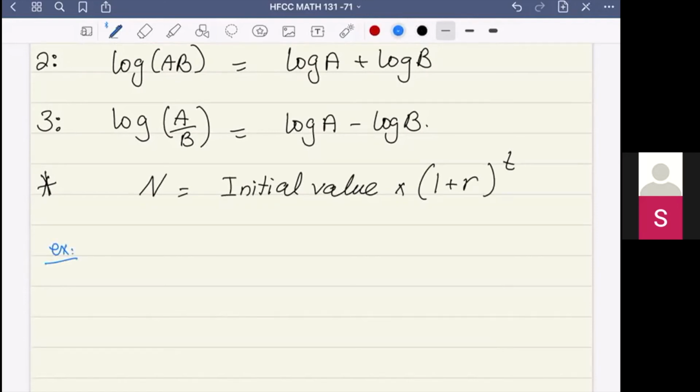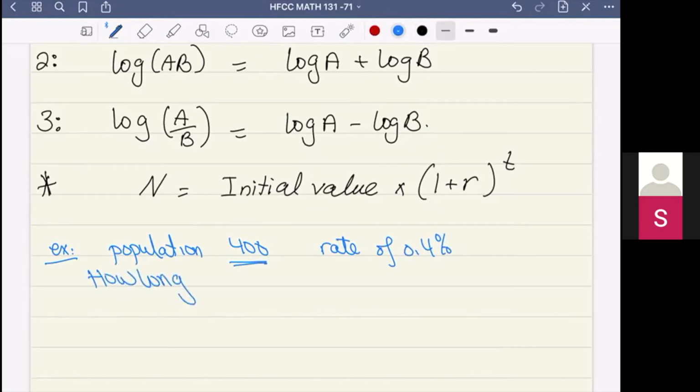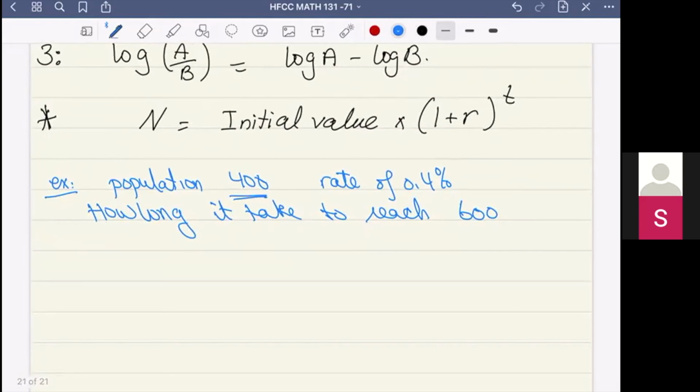Okay, an example. Let's say we have a population that was originally 400. Originally means initial. And it's growing at a rate of 0.4%. How long would it take for the population to reach, let's say, 600? Well, let's apply the formula.